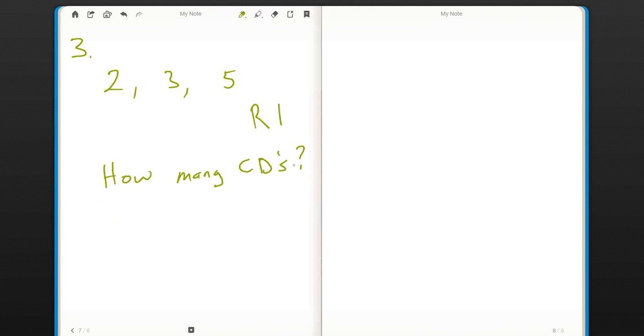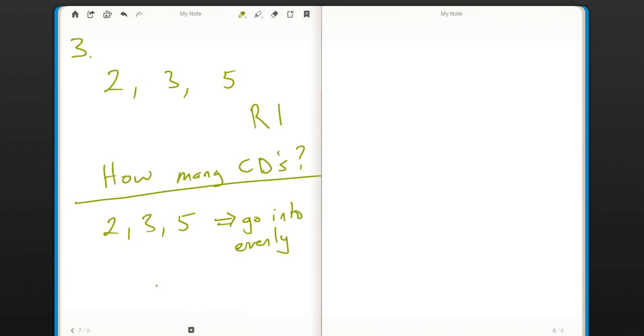Okay? And what we need to realize is this. There's a number that 2 and 3 and 5 will go into evenly. And if I add 1 to that, then each of these will have a remainder of 1.